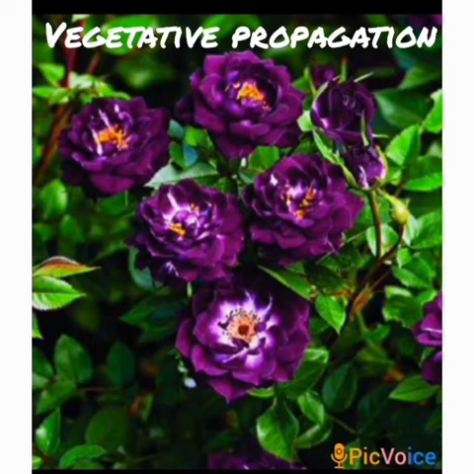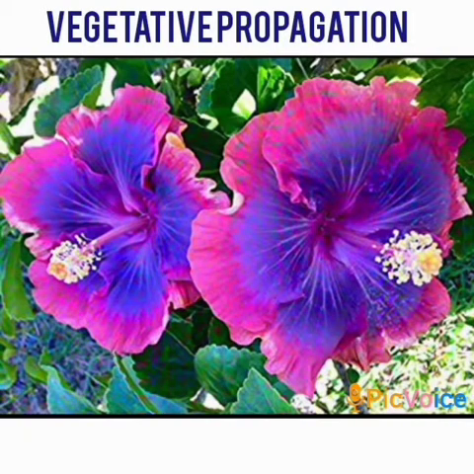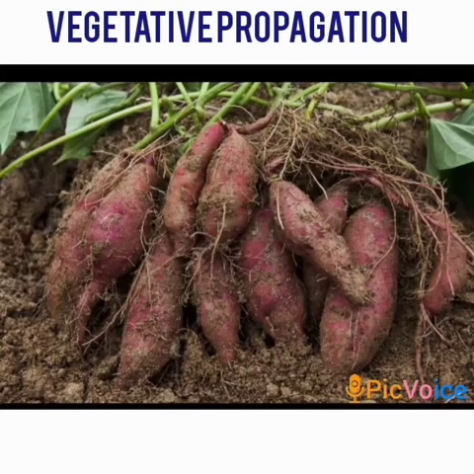Can you say one example for such plants which are developed from root, stem and leaves? Can you say any example? What about our shoe flower or hibiscus plant? The part which is used for vegetative propagation is stem. These are sweet potatoes.